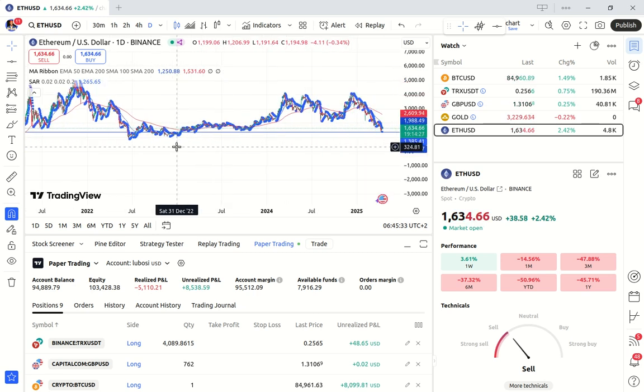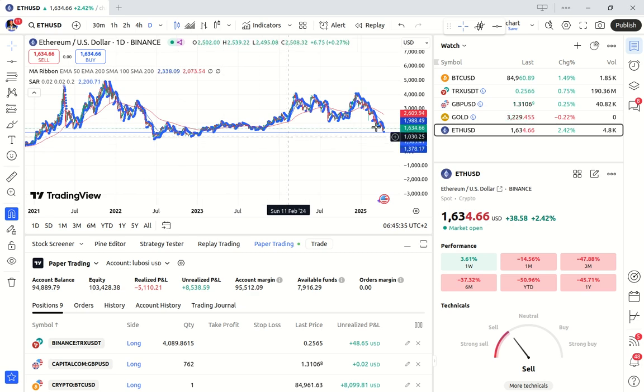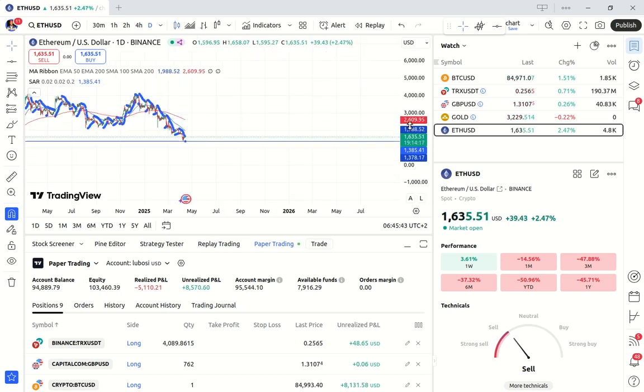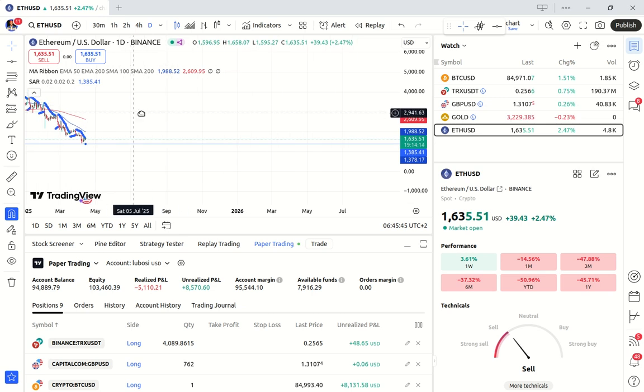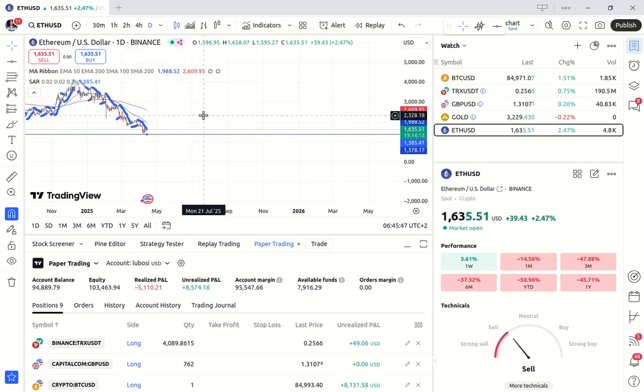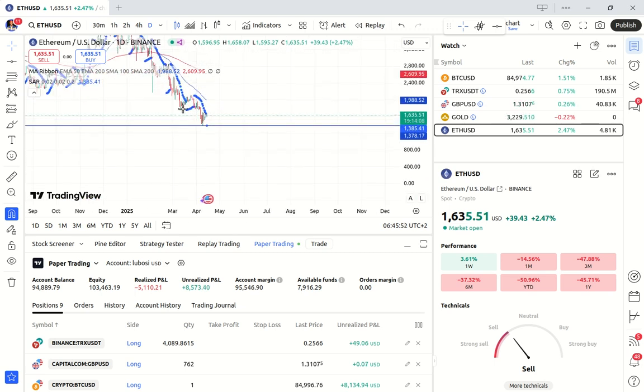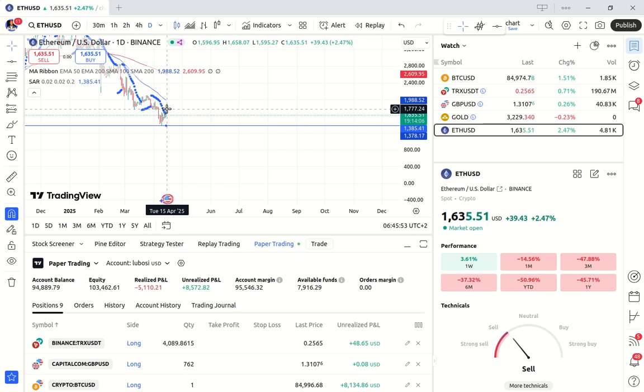The Ethereum rise is going to be very, very interesting, because Ethereum has hit a reversal now.